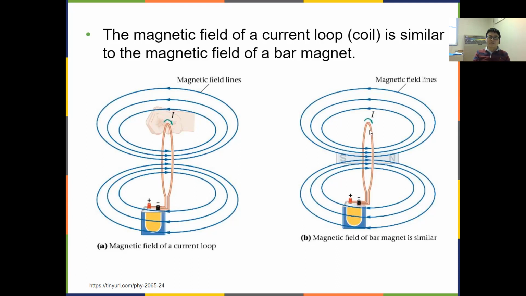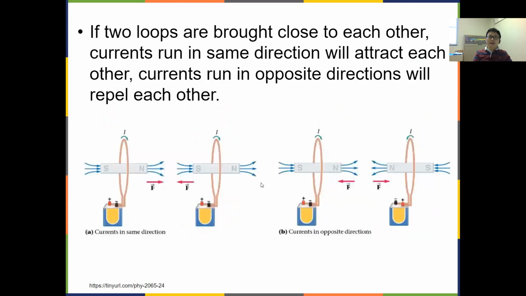Now, if you have a second loop, the magnetic field is produced in this fashion, and that's similar to the magnetic field produced by a bar magnet. So a current loop, like this circular loop, gives a magnetic field the same as a bar magnet. And if you have two loops close to each other, they can carry current in the same direction, like clockwise, or in opposite directions, as figure B shows here.